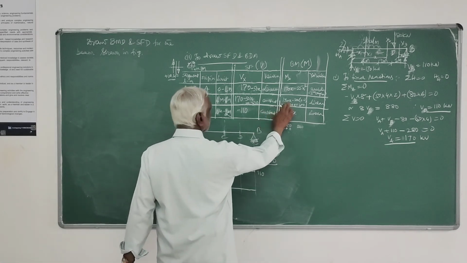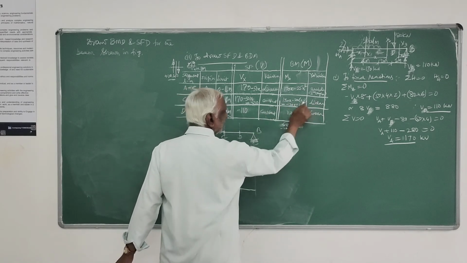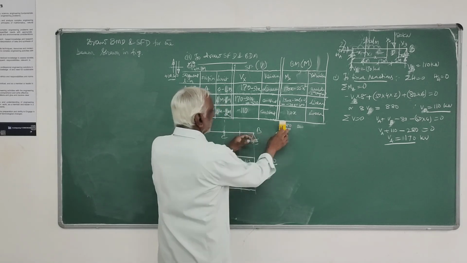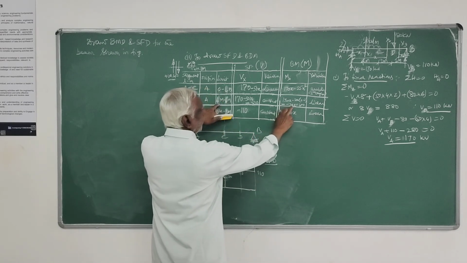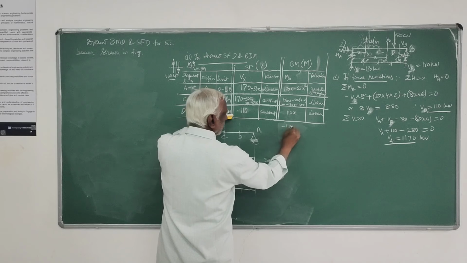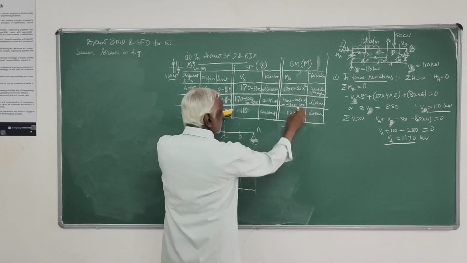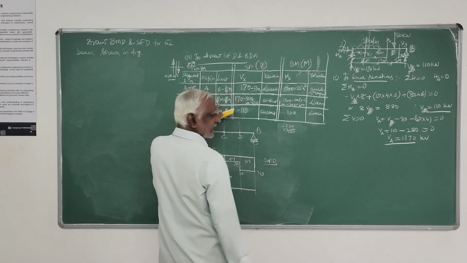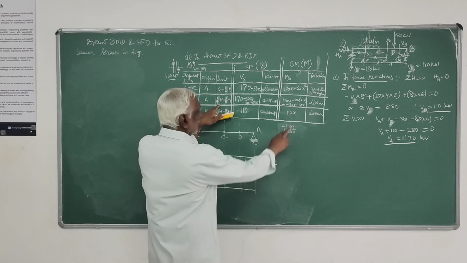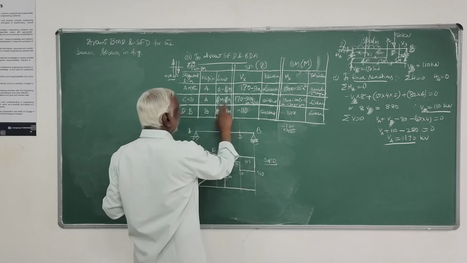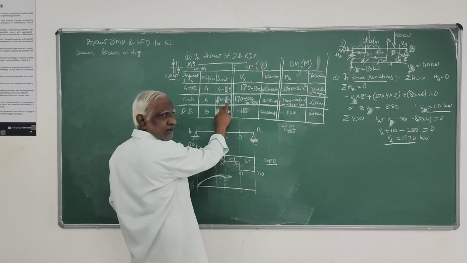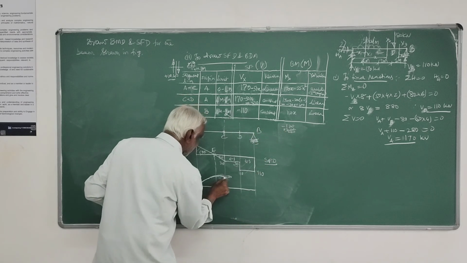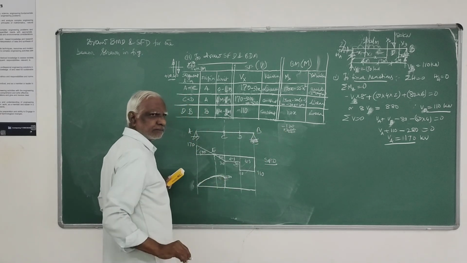Then for the CD portion, this equation is linear. When x is equal to 4 meters, you put x equals 4 here, you get minus 120 plus 400, so this will be 280 again, the same value.